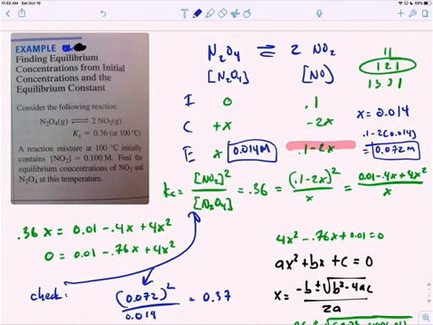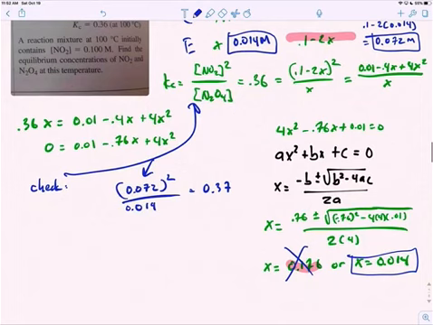We write our Kc expression. It's the concentration of the NO2 squared over the concentration of N2O4. We know that equals 0.36. So we plug in the values using our ICE chart. Then we solve, we FOIL it, and we rearrange it. And then using the quadratic equation, we get our extent of reaction is either 0.176 or 0.014.